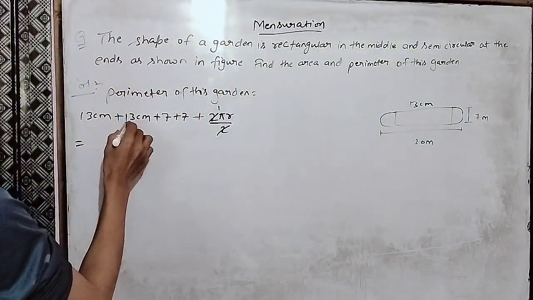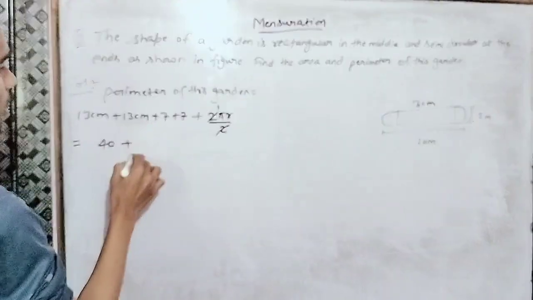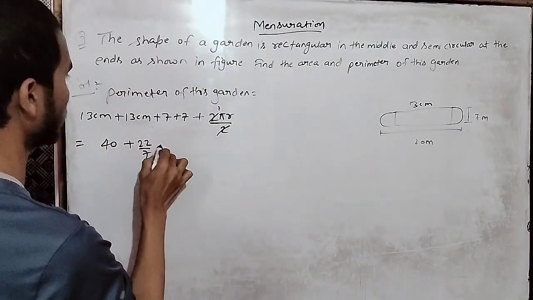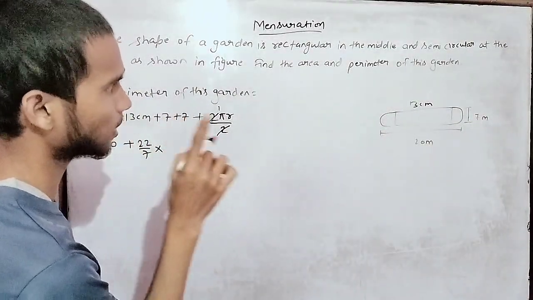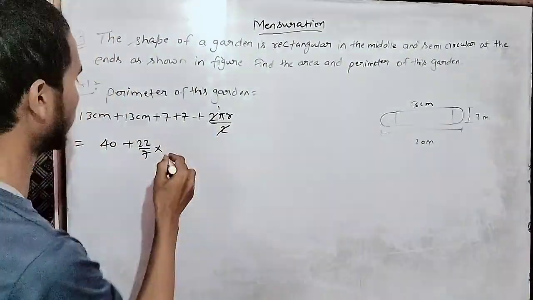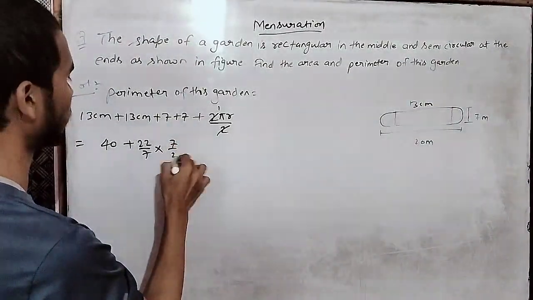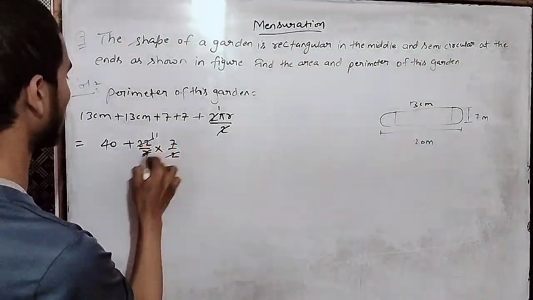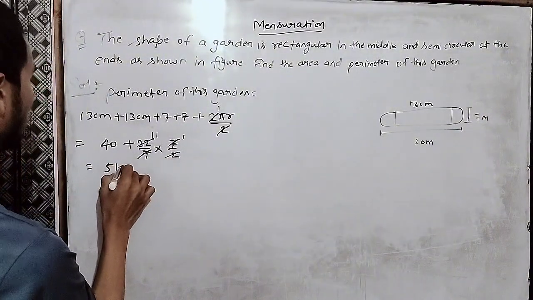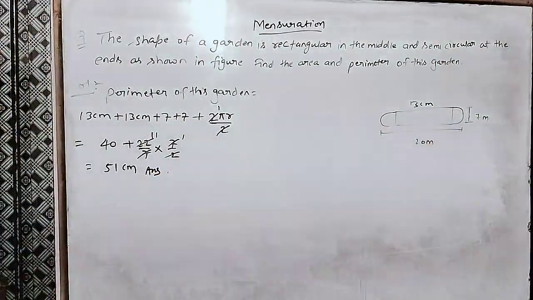Now 13, 10, 20, 30 and 40. Now r is 3.5, otherwise we can write 7/2. So we have 51 centimeter. This is the final answer.